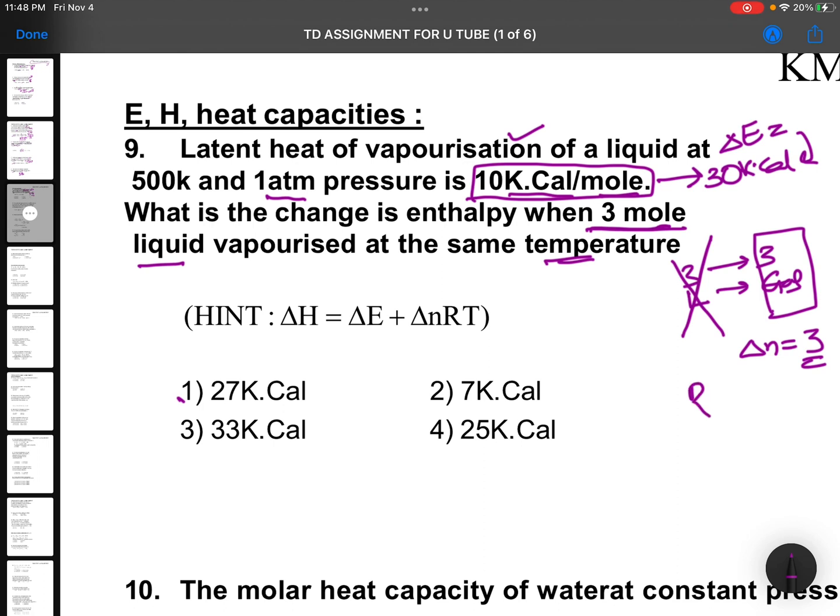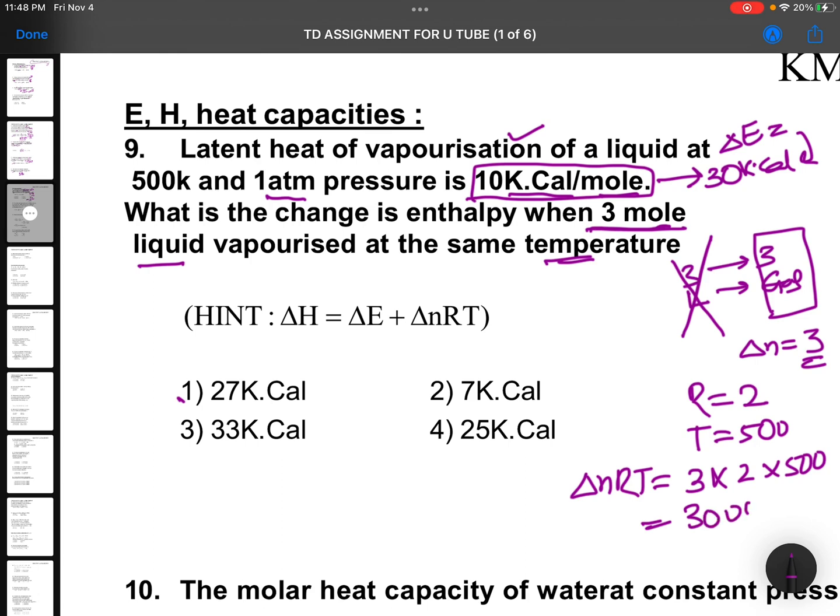R is equal to 2 calories, temperature is equal to 500 Kelvin. So delta nRT will become 3 into 2 into 500, that is 3000 calories, or 3 kilocalories.